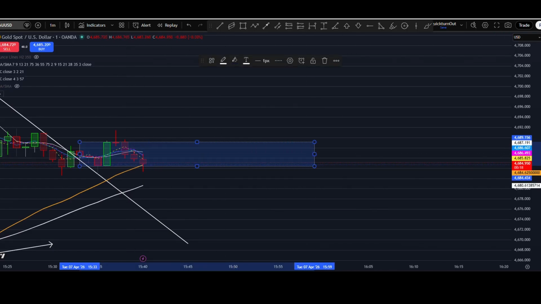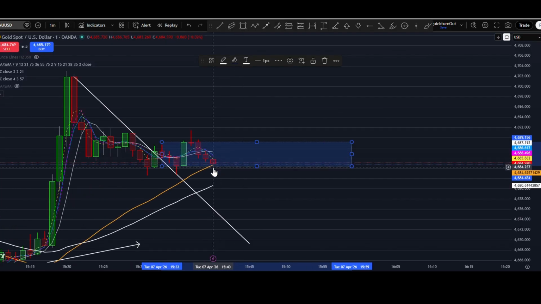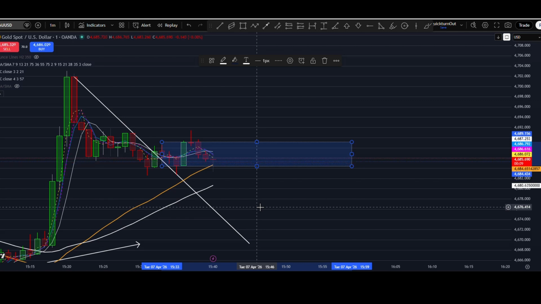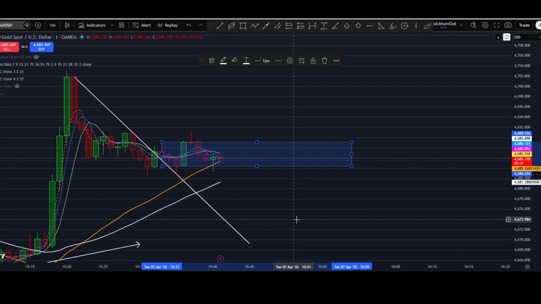It's actually really getting too late in the day for anything. Oh, well, look at that. See, I could have sat in that trade. I mean, I'm just doing this more for demonstration, illustration purposes.